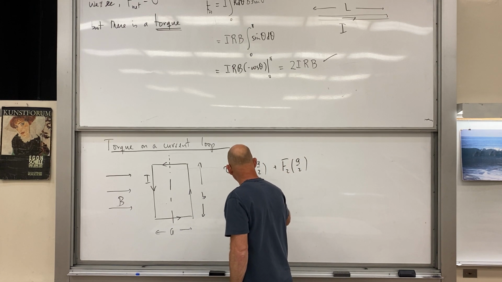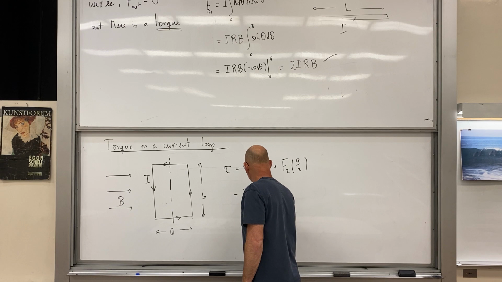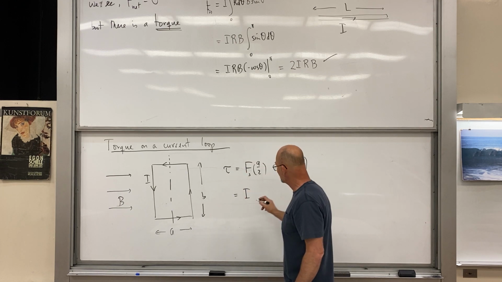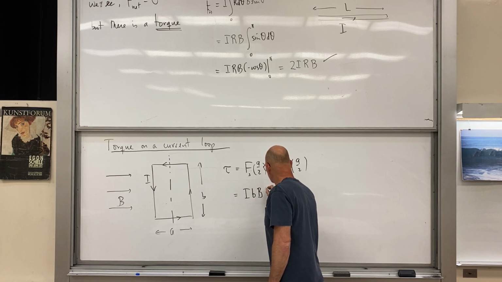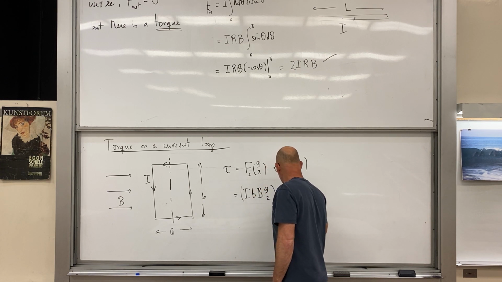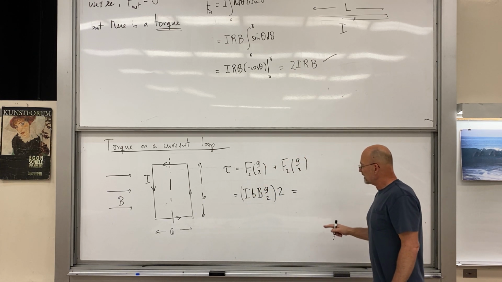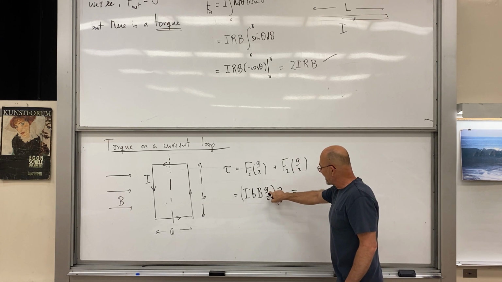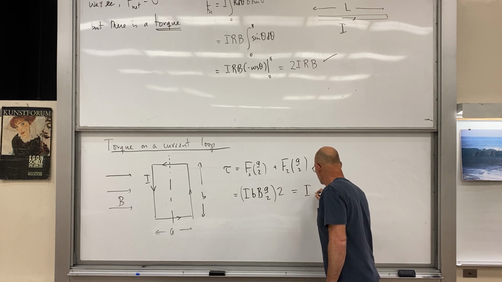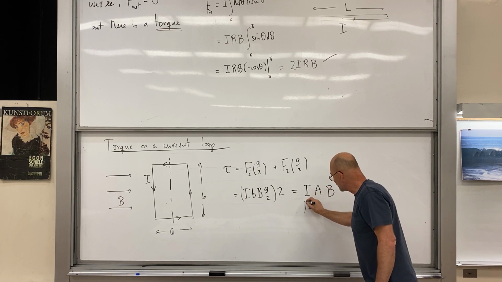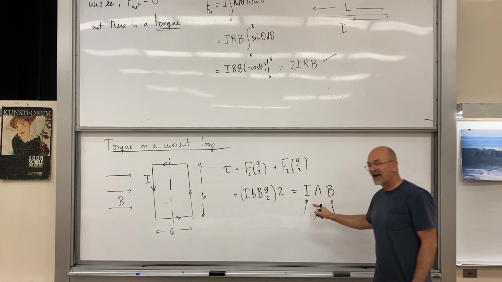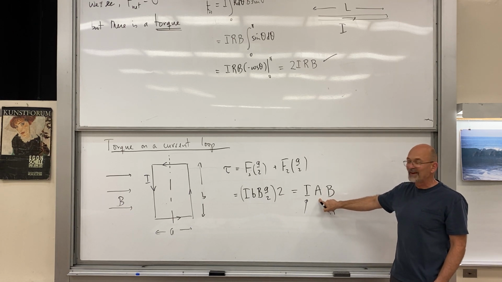And they're both going to be ILB, which is I times B times b times a over 2, and the whole thing doubled. So here's the thing, these cancel, we have I times a times b. This, of course, is the current, this is the magnetic field, and this is the surface area.